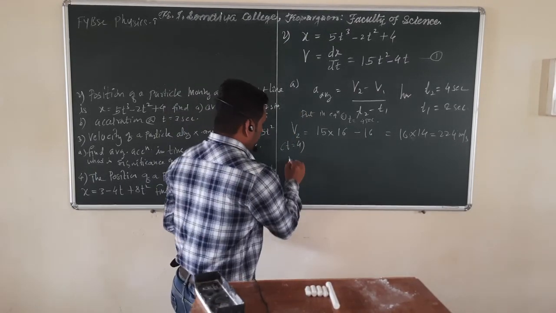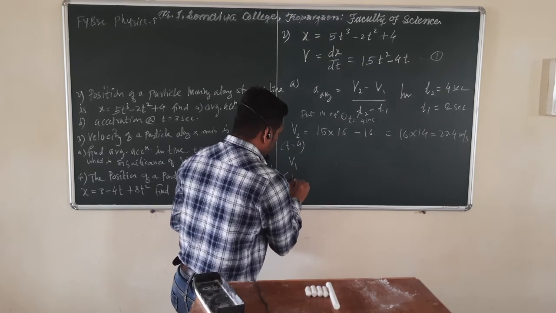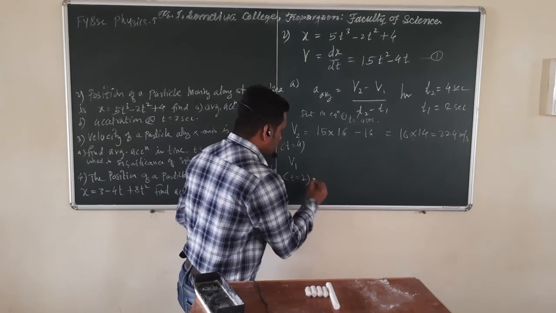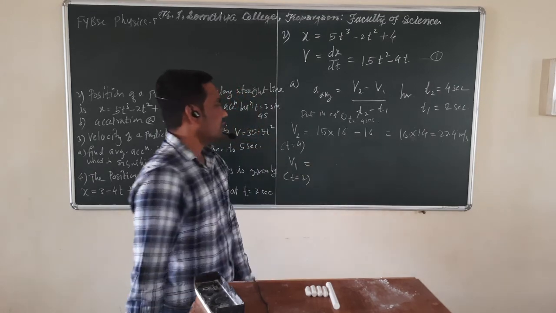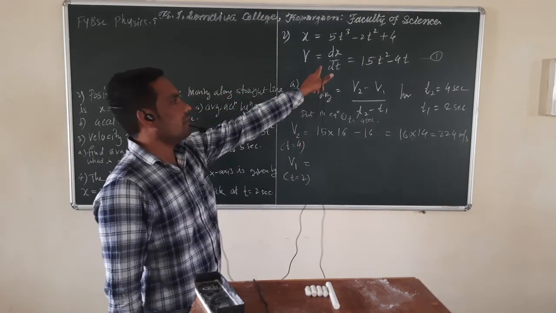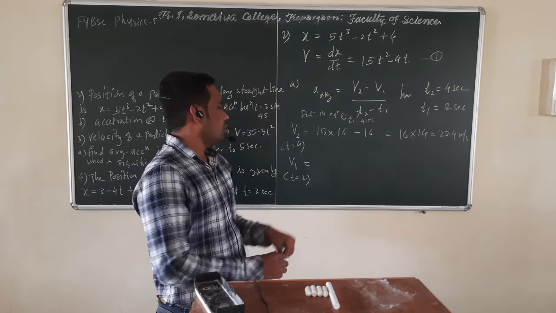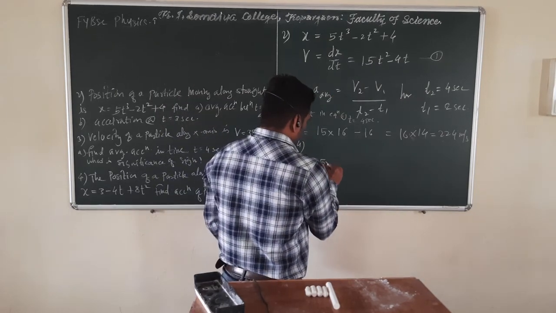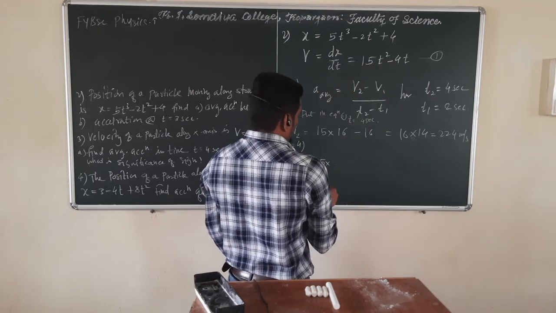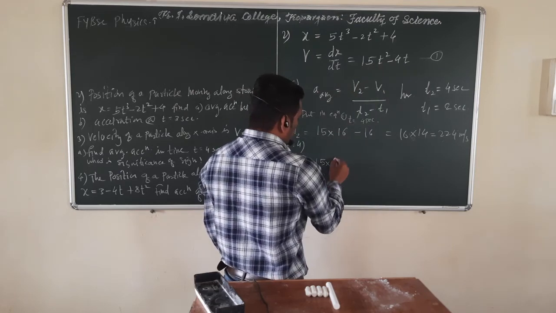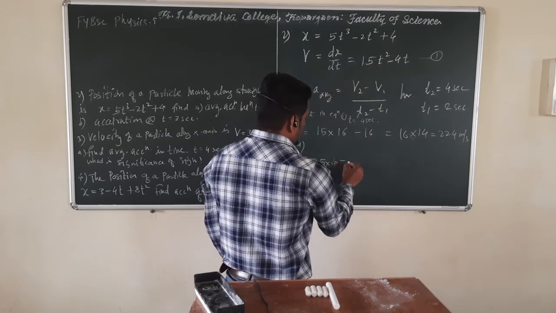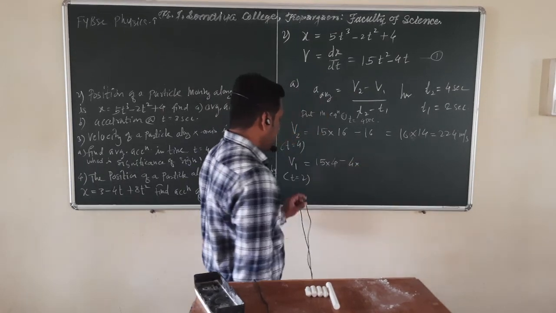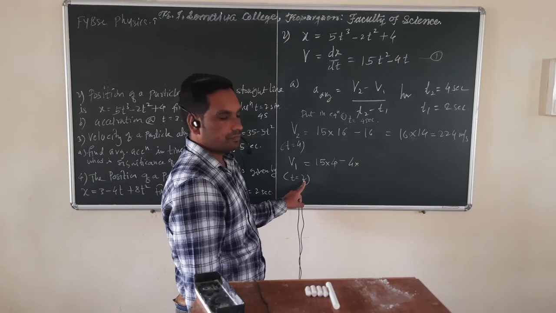Now v1, what is it? We have to find the velocity at time t equal to 2 seconds, which is equal to, now in this equation we have to put t equal to 2. So 15 multiplied by t square, which is 2 into 2, which is 4, minus 4 multiplied by 2.